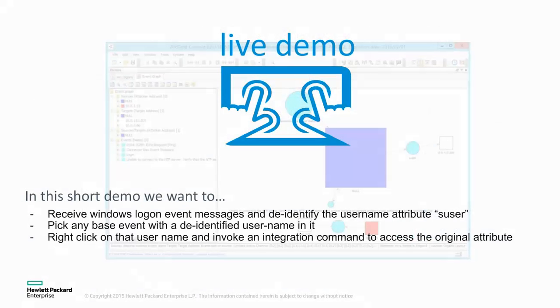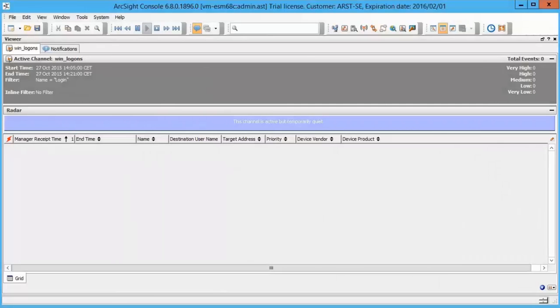So in this short demo, we want to receive Windows logon event messages and de-identify the username attribute, source user. Then within the ArcSight ESM console, pick any base event with a de-identified username in it, right-click on that username and invoke the integration command to de-tokenize the attribute. Let's open the HP ArcSight ESM console and wait for a Windows logon event with a tokenized username in it.